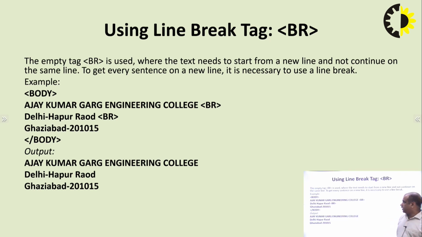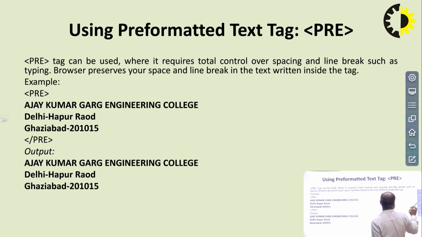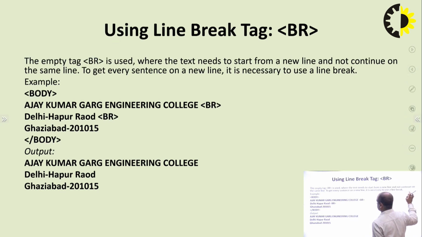In this example, I write the address of this college: Ajay Kumar Garg Engineering College with a BR tag at the end. Next I write Delhi Hapur Road with BR.